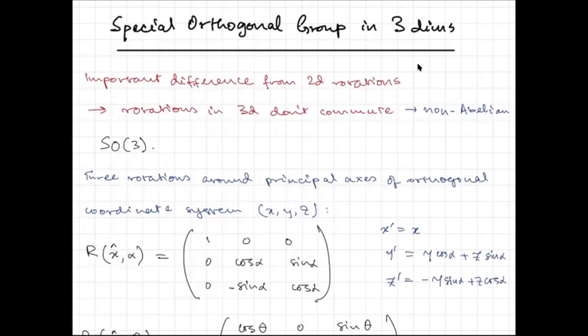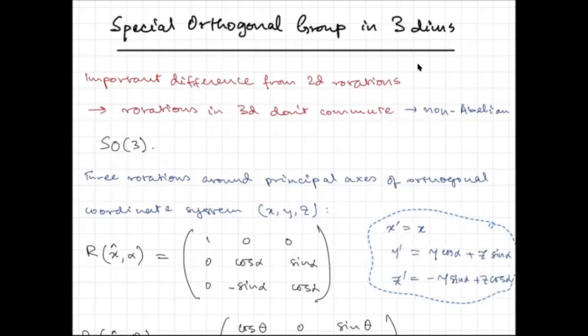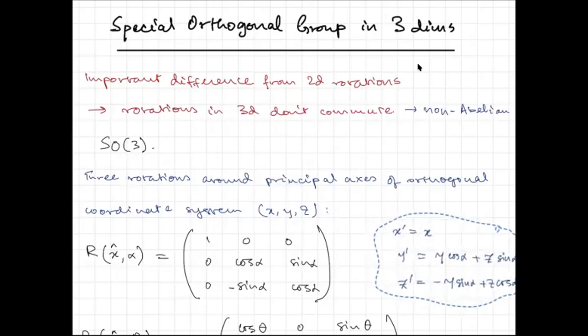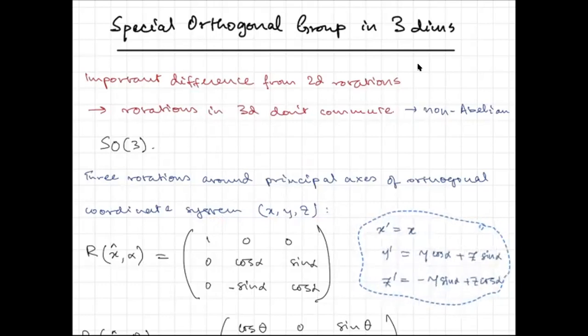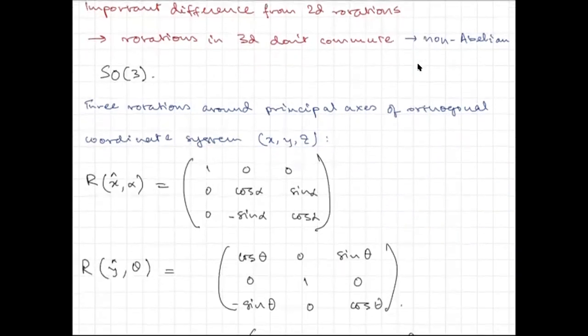Okay, very similar to that, you could also have something which is around the y-axis, and that is going to be R of y theta, given by similar things. Now the thing that stays the same is, of course, the y direction.